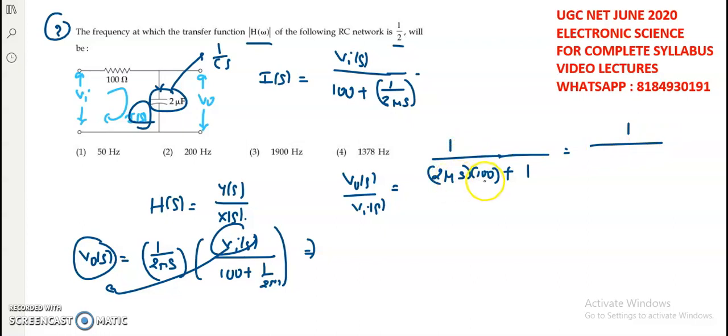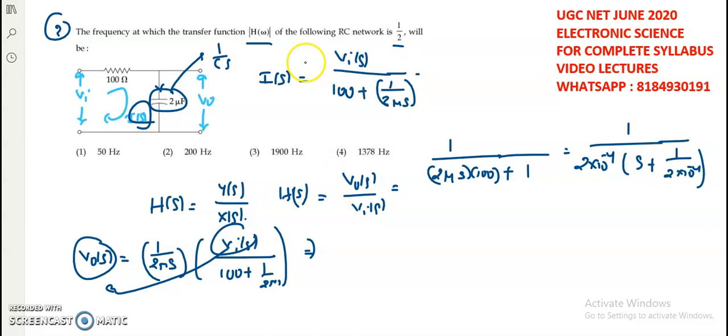So 10 power minus 6 into 10 square can be written as 10 power minus 4. So let's bring this 2 into 10 power minus 4 as a common: S plus 1 divided by 2 into 10 power minus 4. So V naught of S divided by V of S is nothing but a transfer function, H of S.